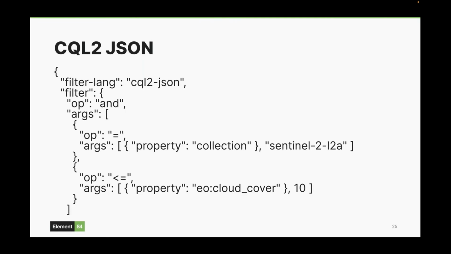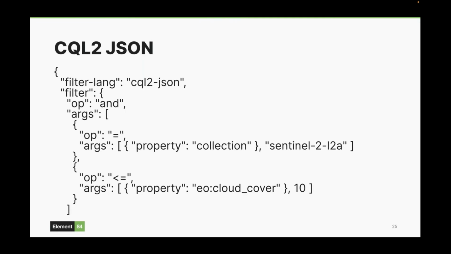Well, if you know STAC well, collection is usually a top level field in the item JSON, but eo:cloud_cover is actually in the properties object in an item, whereas I've just used it raw here. How do I know that this API isn't expecting that to be properties.eo:cloud_cover?